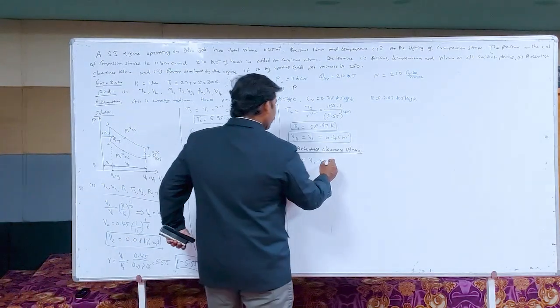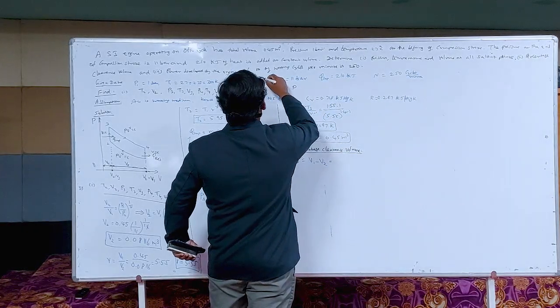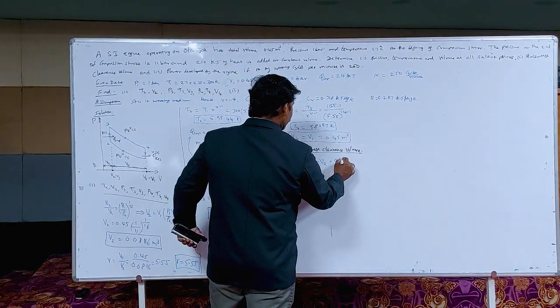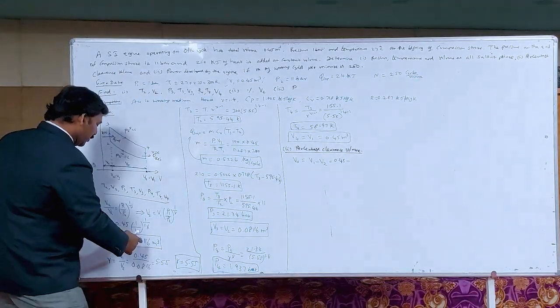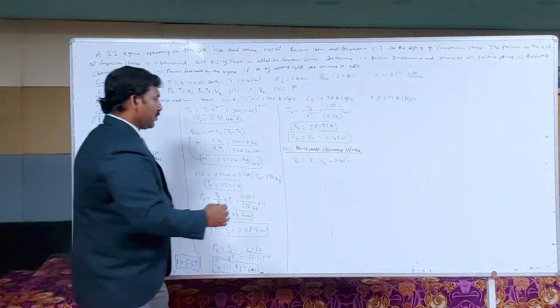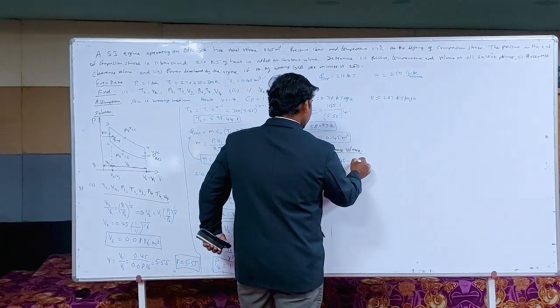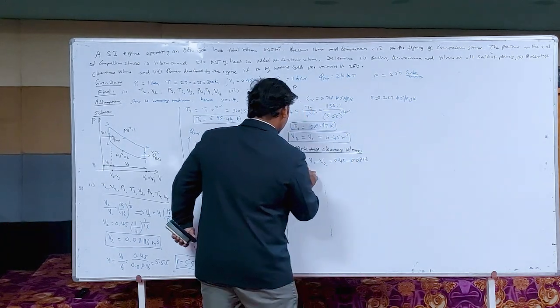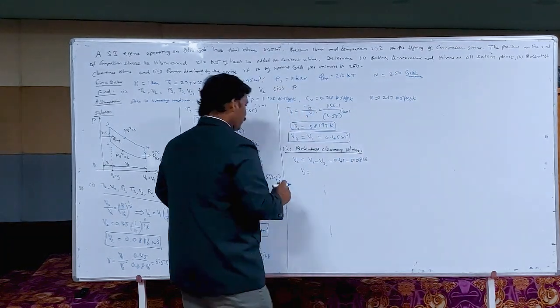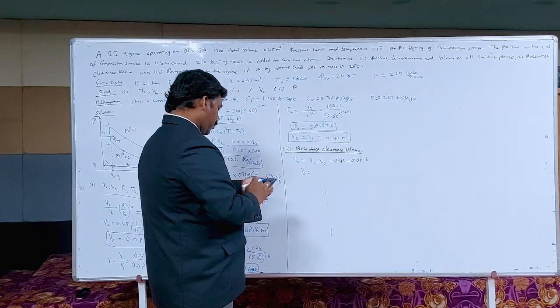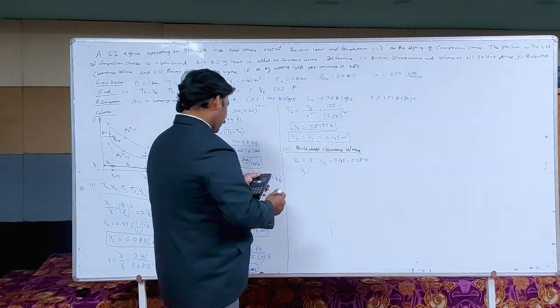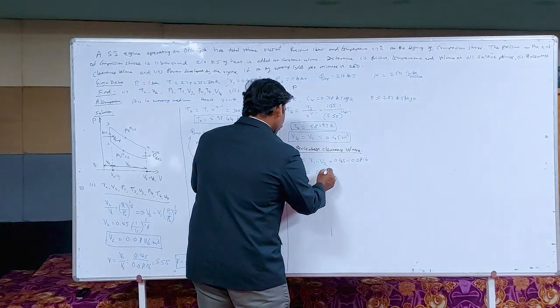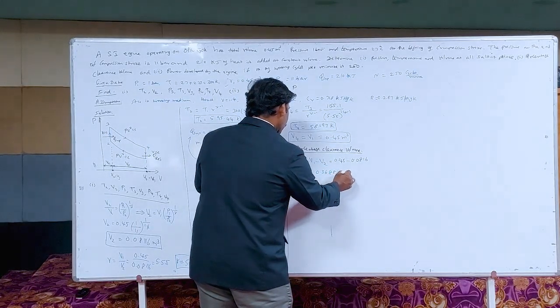We know V1 is given as 0.45 meter cube. So 0.45 minus V2, which we already found out as 0.08116. So we get the swept volume as 0.45 minus 0.08116, which is 0.36884 meter cube.